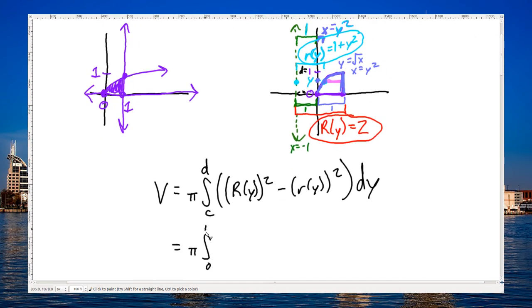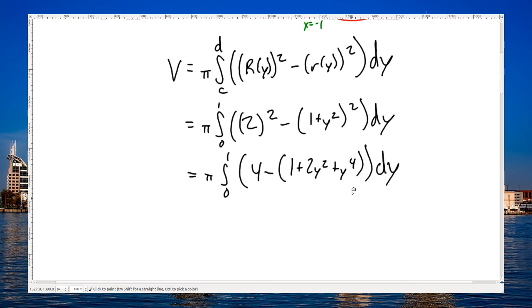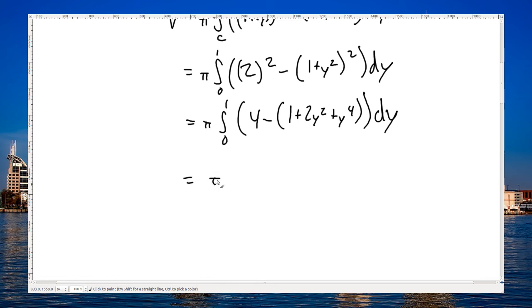So we're going from 0 to 1. Big R of y is 2 squared minus little r of y, 1 plus y squared, squared. Four minus 1 plus 2y squared plus y to the fourth. So I get 3 minus 2y squared minus y to the fourth dy.